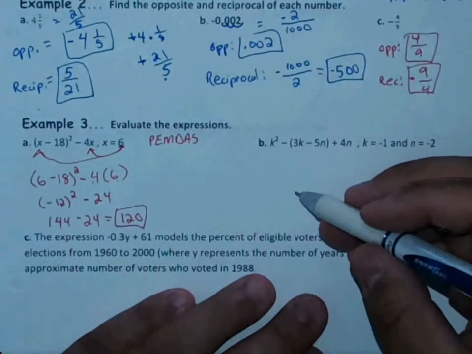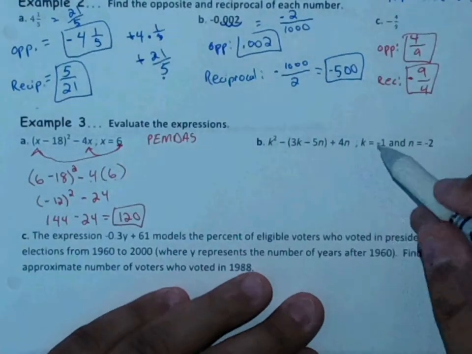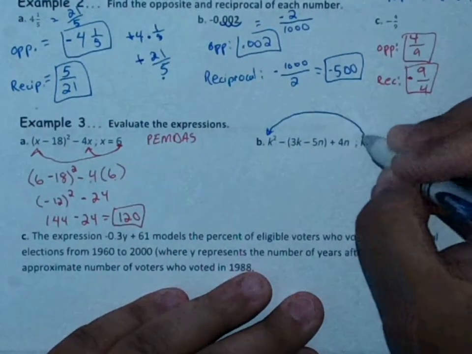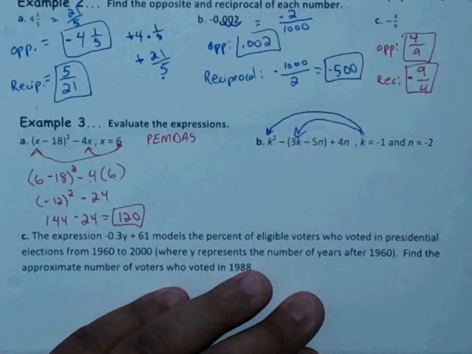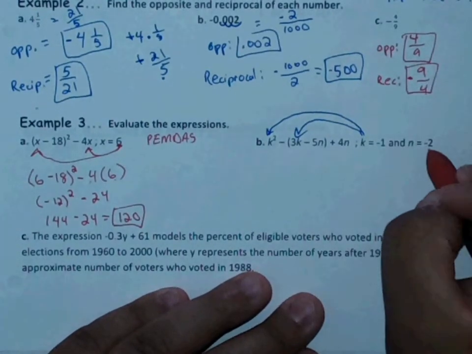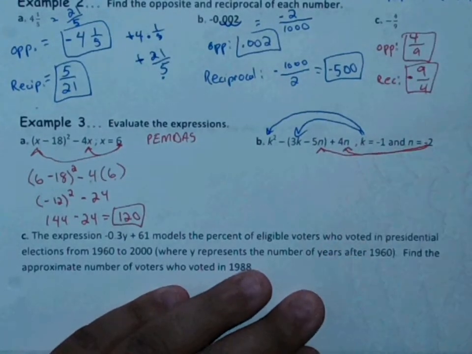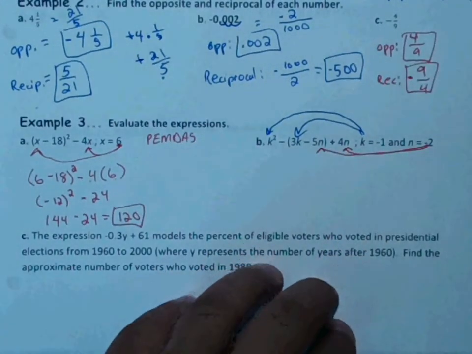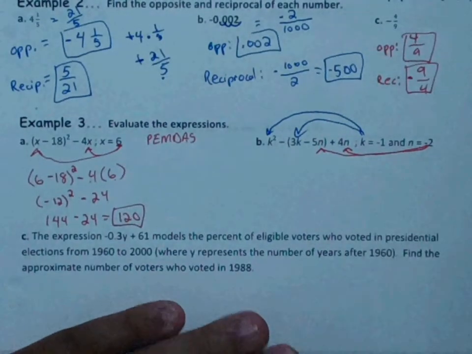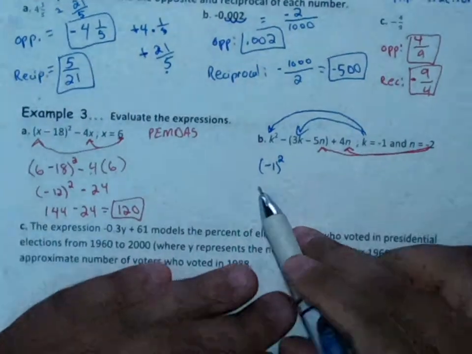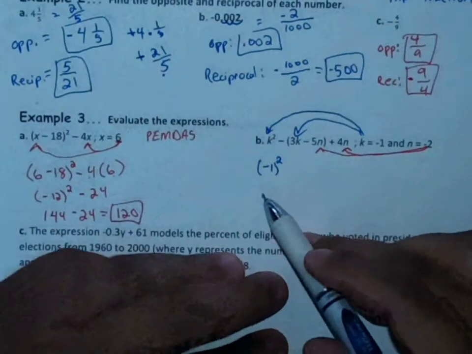I have another example. They gave us our variables. So the K's, I'm going to plug in everywhere that I see a K. And then my N's, I'm going to plug in everywhere that I see an N. So if I rewrite this, I have a -1. Put that in parentheses. Every time I plug something in, I put it in parentheses.